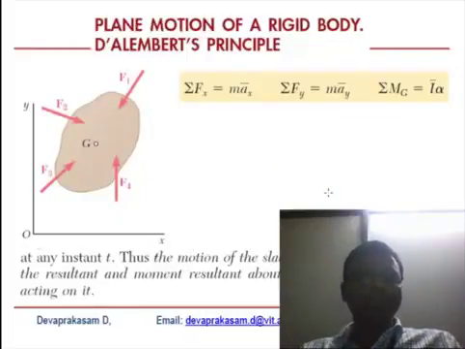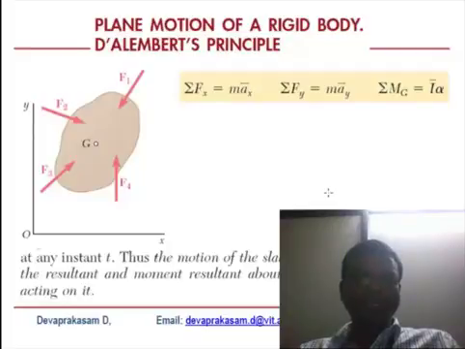Specifically, you can resolve these forces in the x direction and y direction, and the moment you can write as the moment of inertia times the angular acceleration. The sum of the forces in x is related to mass and acceleration in the x direction of the center of mass, and similarly in the y direction, mass and acceleration in the y direction.